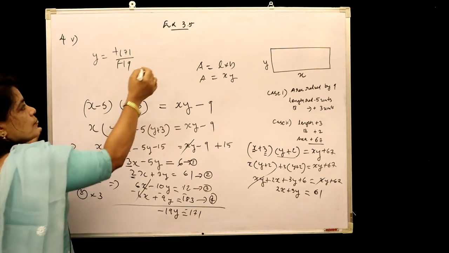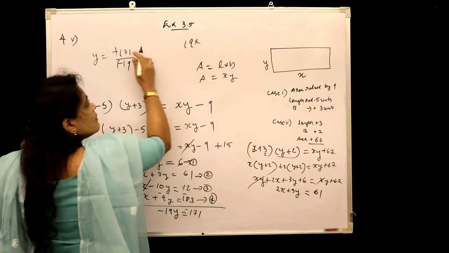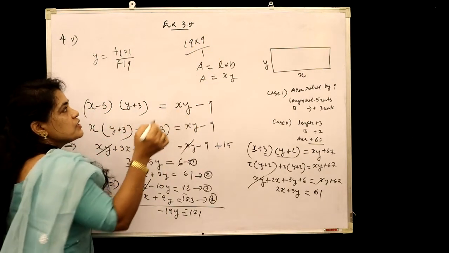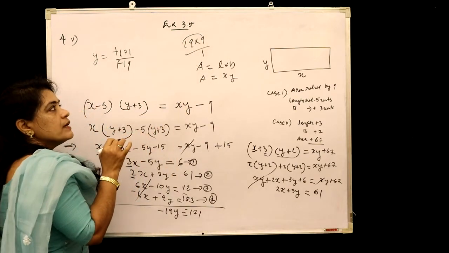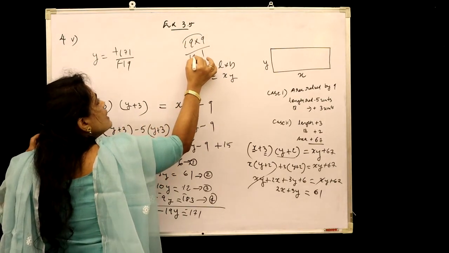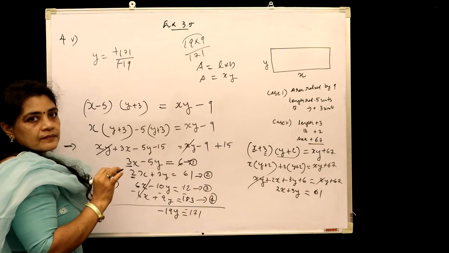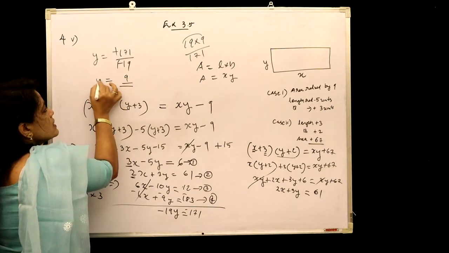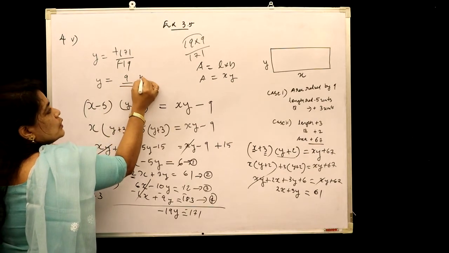Let us see what multiple of 19 makes the unit place 1. If you multiply by 9, 9 times 9 is 81, 8 carries, 9 plus 8 is 17, so 171. That is 9 times. So y is equal to 9 units.